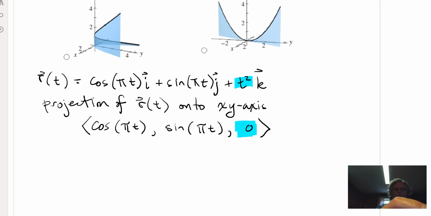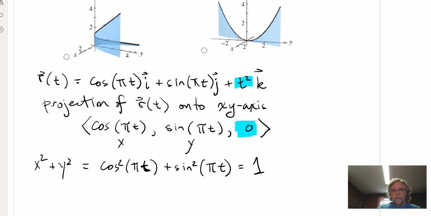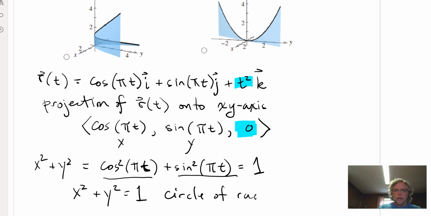We have an x value and a y value, such that when we look at x squared plus y squared, we're going to get 1, because we have cosine squared of pi t plus sine squared of pi t, and cosine squared of theta plus sine squared of theta is equal to 1. So the points on the projection satisfy this equation. So the projection is a circle of radius 1 in the xy plane.